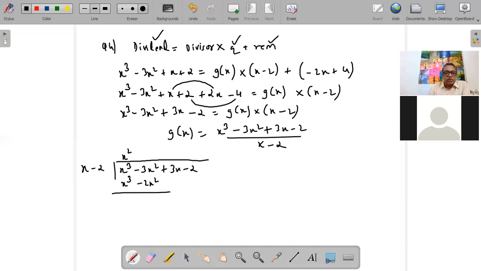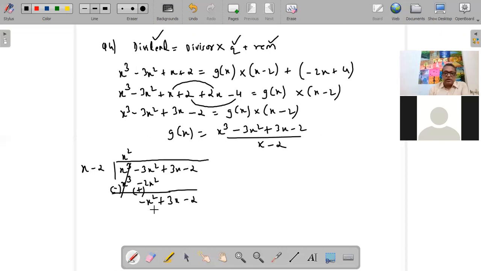Change the signs. x cube gets cancelled. Minus 3x square and plus 2x square, we get minus x square. Bring down the other terms: plus 3x minus 2 as it is.